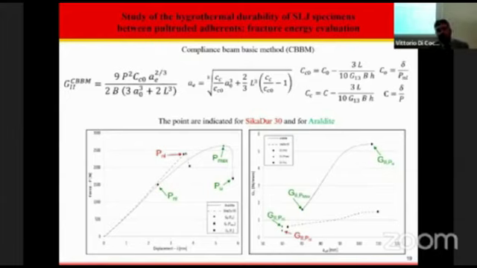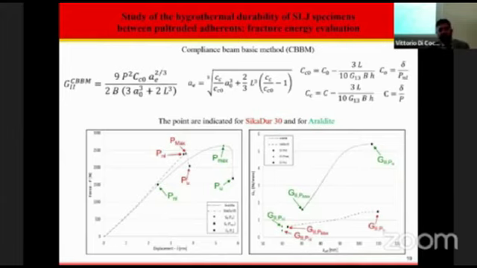On the R-curve, we can see that this refers to the Sikadur 30, which has a linear elastic behavior. In fact, this resin has a brittle failure. This R-curve refers to the Araldite, which shows a more ductile behavior than the other adhesive tested.